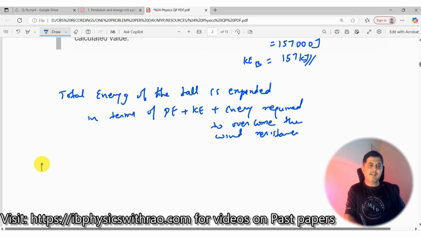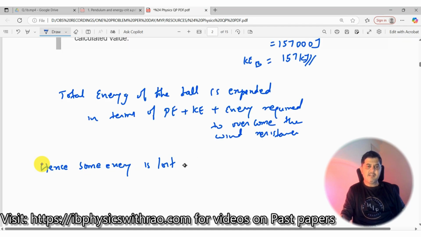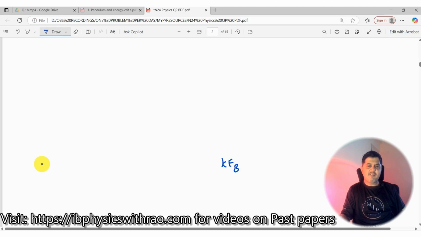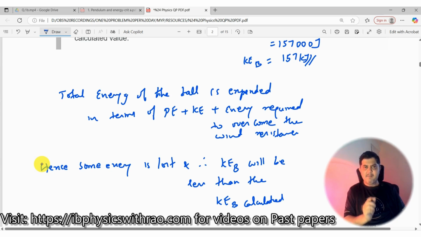Hence, some energy is lost, and therefore kinetic energy of B will be less than the kinetic energy B calculated. Okay, though it is 1 mark, definitely you need to mention all these things.